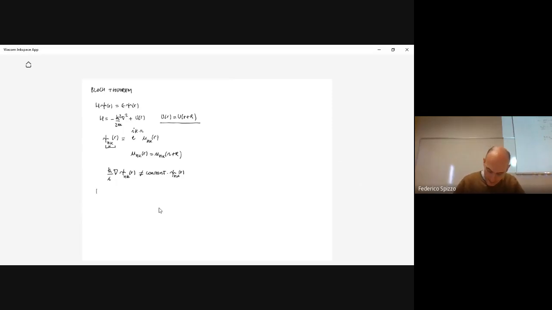So k is labeled as crystal momentum. And I know that in some situations I may forget to say crystal momentum and I will just say momentum.